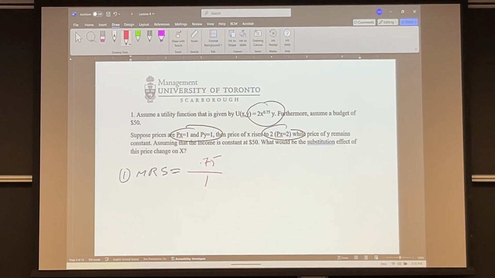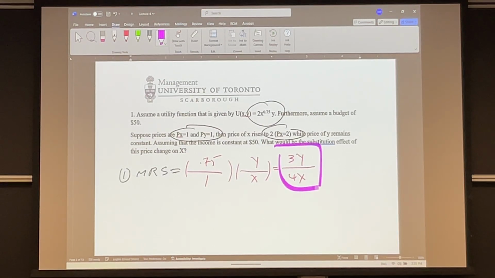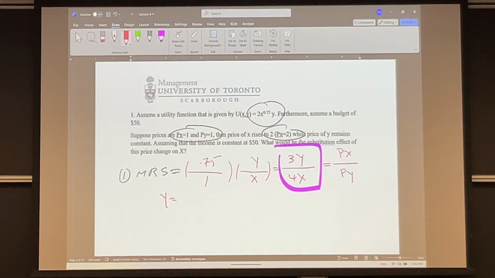Alpha, beta, Y, X, which is 3Y over 4X. That is the MRS. In equilibrium, that should be equal to the relative price. So Y should be 4PX over 3PY times X.